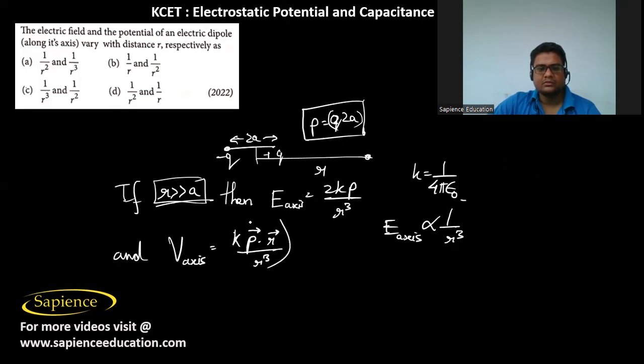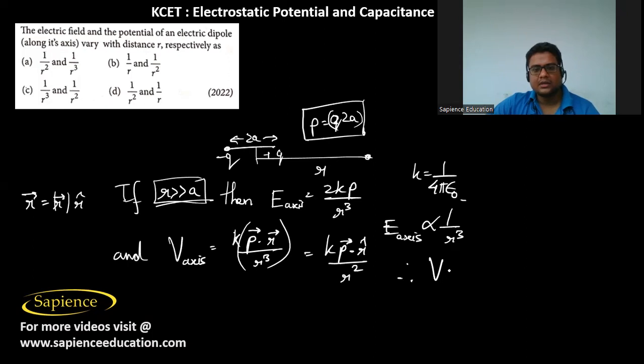So we can also write it as p vector dot r cap divided by r square, since the r vector is equal to the magnitude of r, which is r into r cap. So the electric potential at any point on the axis is inversely proportional to r square. So the answer will be option C, since the electric field is proportional to 1 by r cube, and the electric potential V is proportional to 1 by r square.